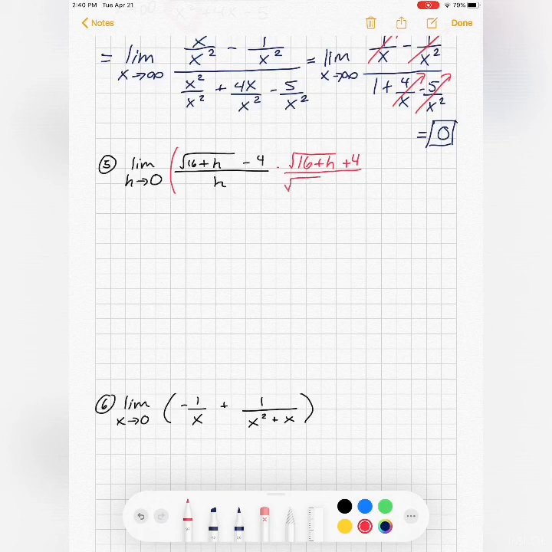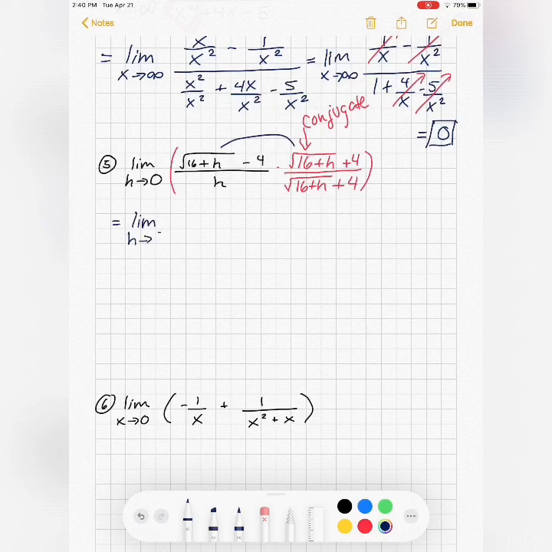Okay, now I have to place that conjugate top and bottom. Okay, should I write out this was the conjugate? Okay, and then I do the FOIL. Okay, so I'm doing a FOIL here.